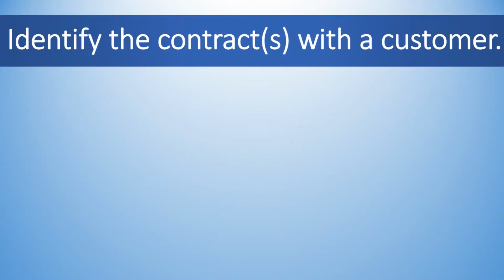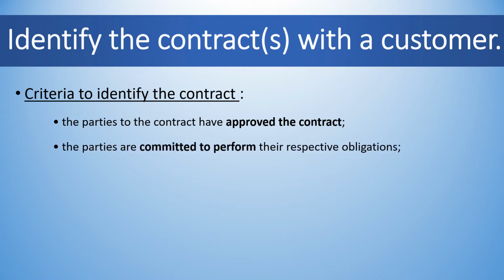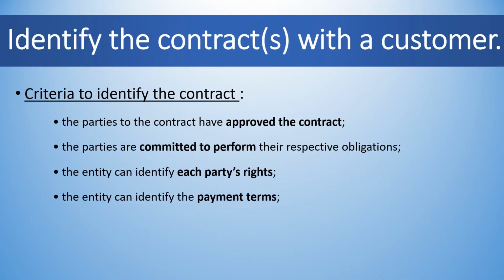An entity shall account for a contract with the customer only when all of the following criteria are met. The parties should approve the contract and they must be committed to perform their respective obligations. Then they have to identify each party's rights separately and they should identify the payment terms.